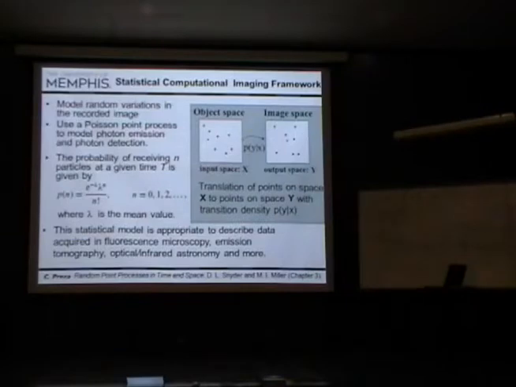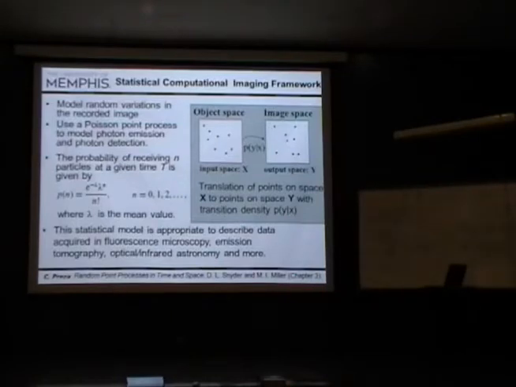Okay? So this is a known model and one that can be used to determine the probability that a point in this space will arrive in the image space, or the counts that we have at the image space are determined rather by this distribution.